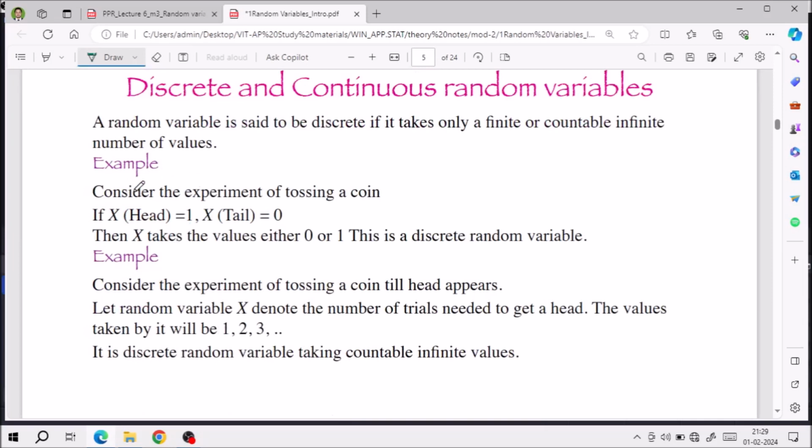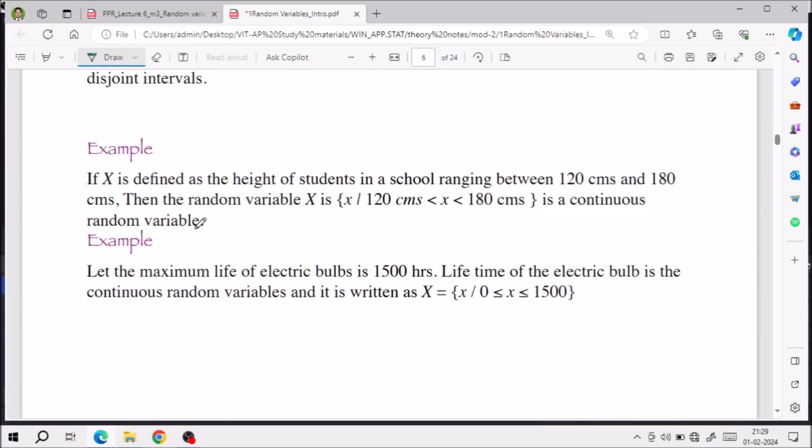For example, again consider tossing a coin. In that case, head or tail are the only possible outcomes, so it is a discrete scenario. But suppose X is defined as the height of a student in a school ranging between 120 to 180 cm. Then you define this random variable X such that X lies between 120 and 180.